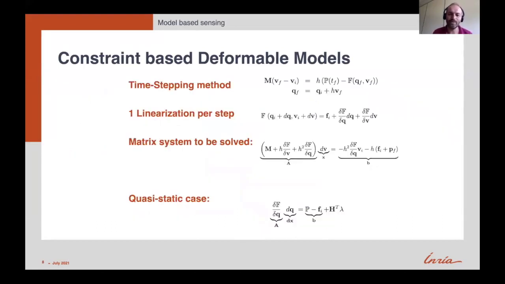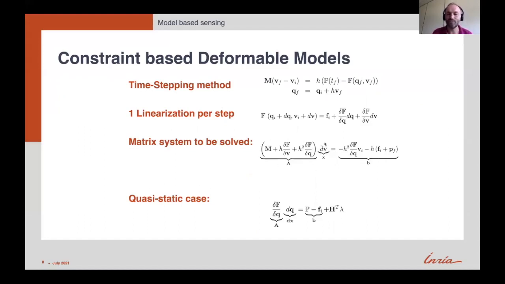We use a time-stepping method for dealing with contact. We use one linearization per step for the internal force, and you obtain a matrix system at each time step, AX equal to B. B is something you can compute directly from the initial vector at the beginning of the time step.